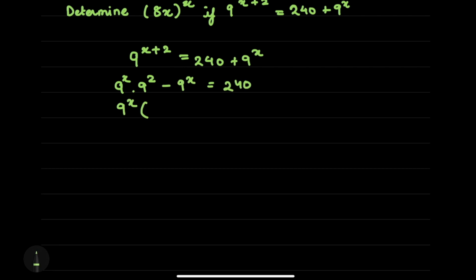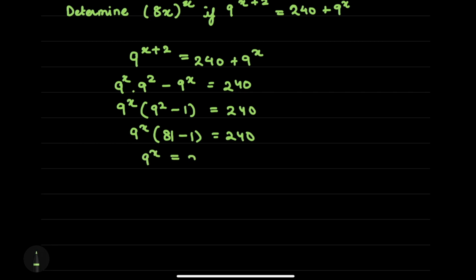We take 9 to the power x common, and then we have 9 square minus 1 equal to 240. So 9 to the power x into 81 minus 1 is equal to 240. Then we can just simplify this: 240 divided by 80, which is equal to 3. So 9 to the power x is equal to 3.